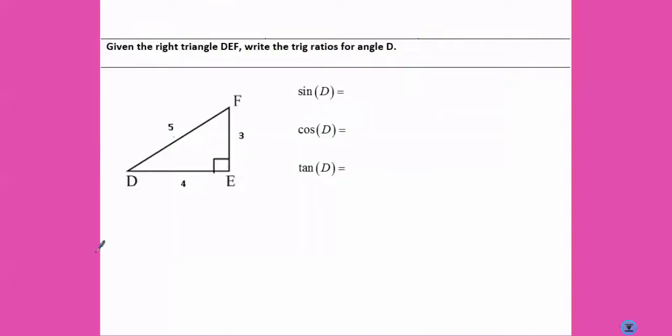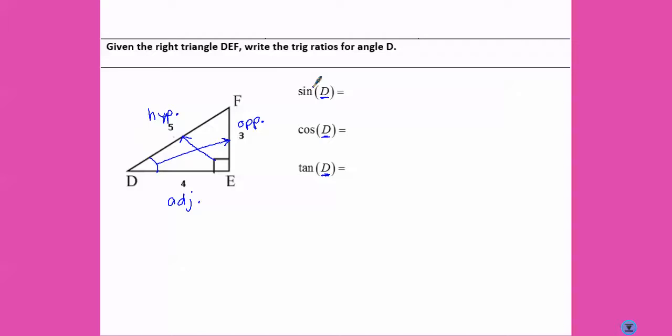Let's try it out for some numbers. Before we can find our ratios, we need to label the sides of our triangle. Since it's asking for angle D, we're going to go from angle D, and we're going to go straight across, and that's our opposite side. We're going to go straight across from the right angle. That's our hypotenuse, which leaves this side to be our adjacent.